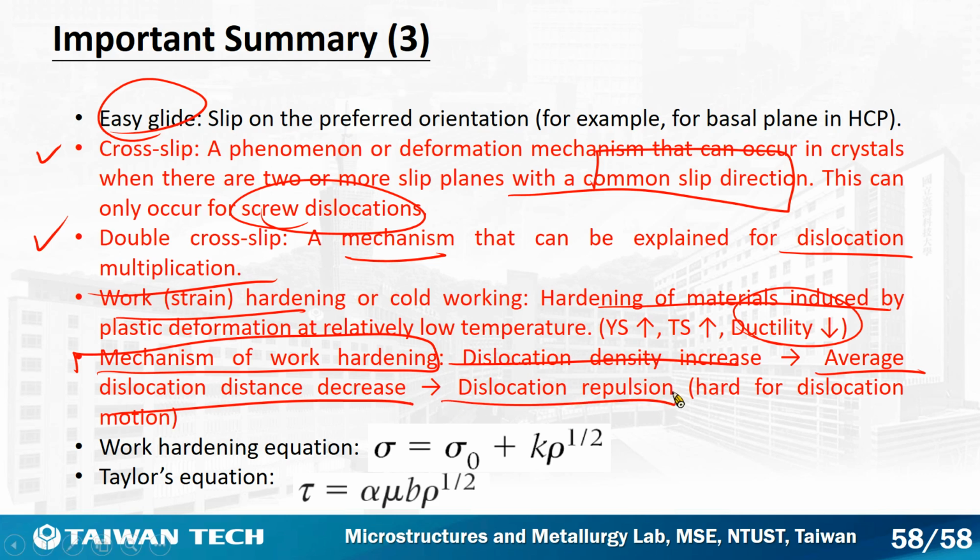Then they will experience dislocation repulsion and also dislocation intersection. So it will make it hard to move. When the dislocations are hard to move, the materials will become stronger and stronger.